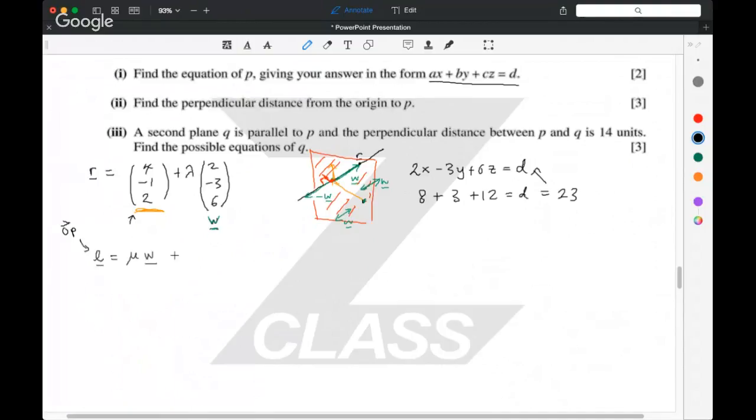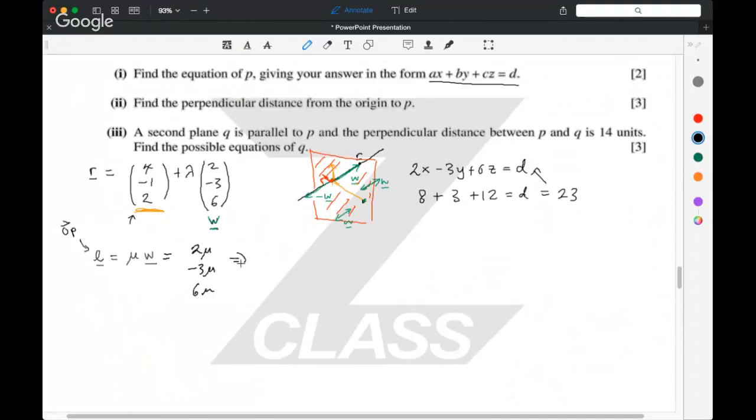Well, if this is a vector from the origin to the plane, then it also represents a point on the plane. So therefore, it must satisfy the plane equation. So its coordinates are 2 mu, minus 3 mu, 6 mu.